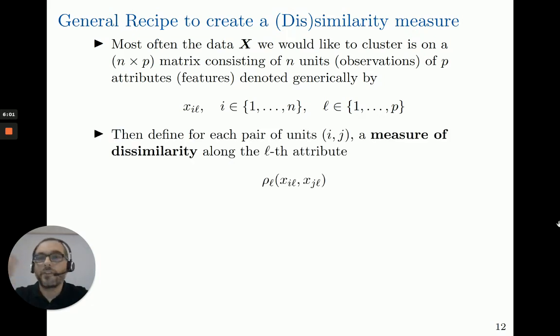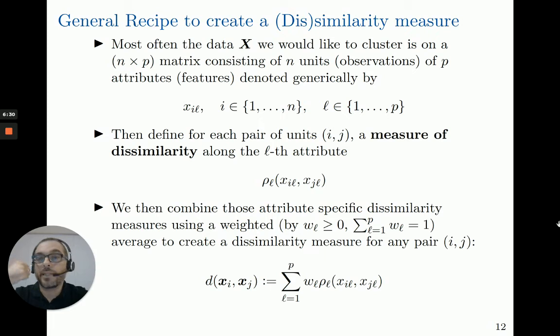Then we define, for each pair i, j, a measure of dissimilarity along the l-th attribute. So we have this function rho that takes the value of the l-th attribute of observation i and observation j and comes up with a dissimilarity measure.